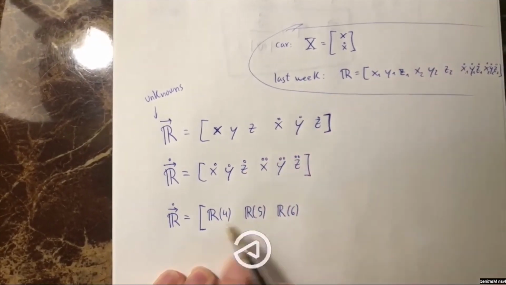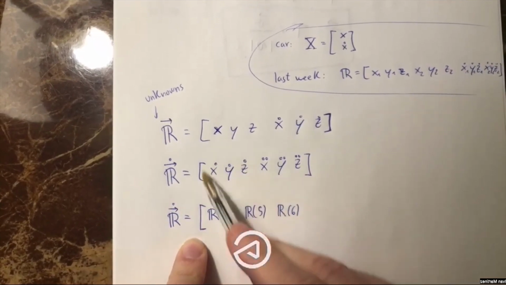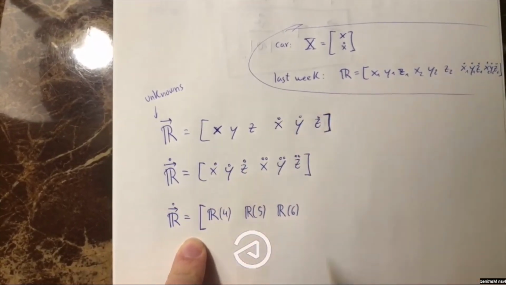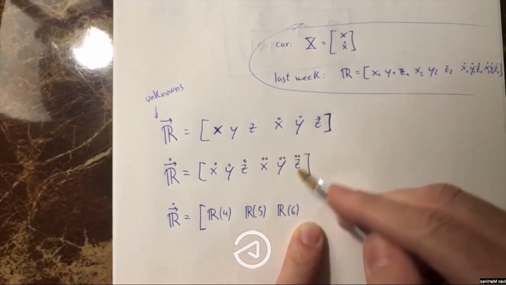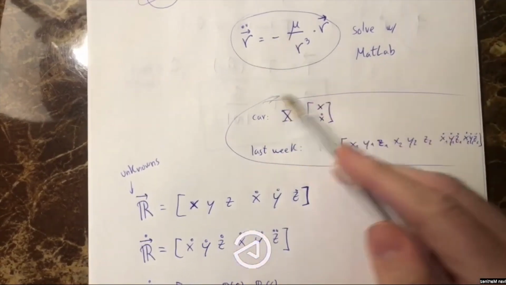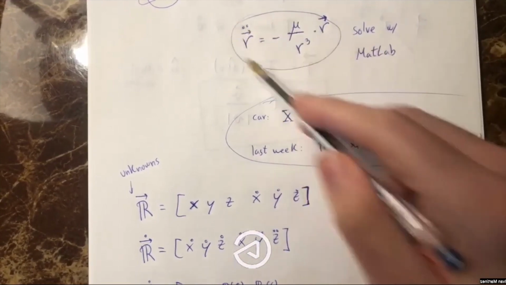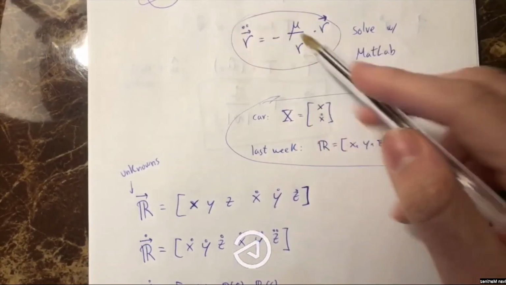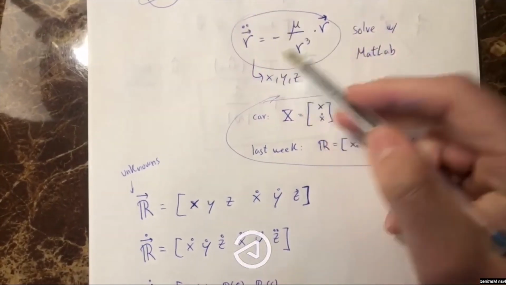I'm not saying anything new here. I'm just looking at this and noticing this is the same as that. And then what do we have here? We have the accelerations that are given by this equation. Remember what I said last week? This is vectorial. So you can break it down into X, Y, and Z. This is just more compact.